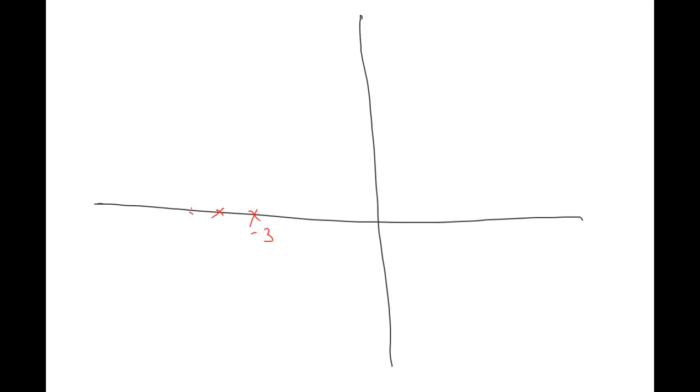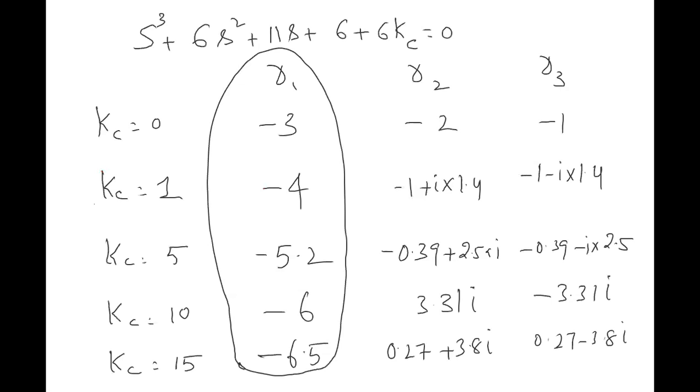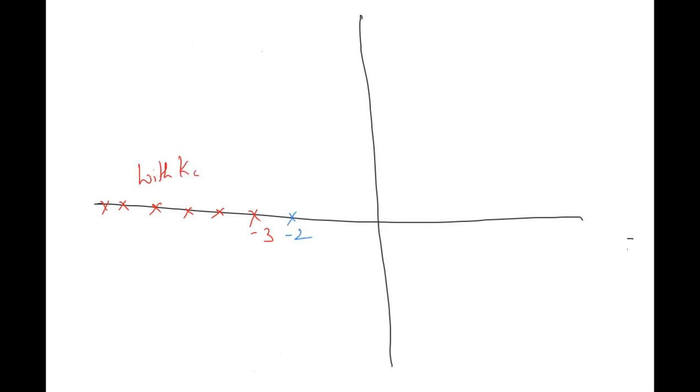This is how this root is moving with change in Kc. What is another root? Minus 2. How is this changing? Minus 2 is going like this.